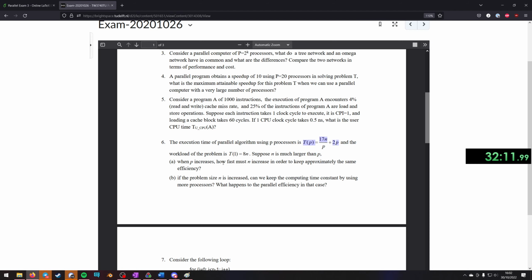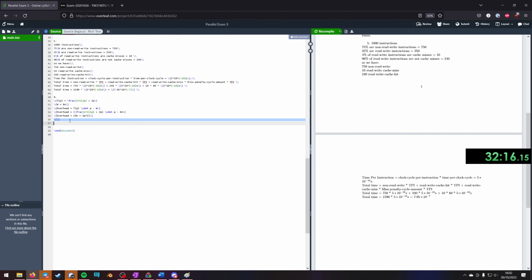Are they asking for the efficiency? Yeah, okay. When P increases, how fast must the other one increase? Divided by 8n. Yeah, so the iso-efficiency is frac 9n plus 2p squared over 8n.